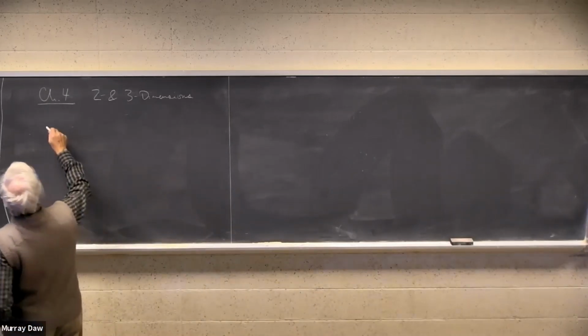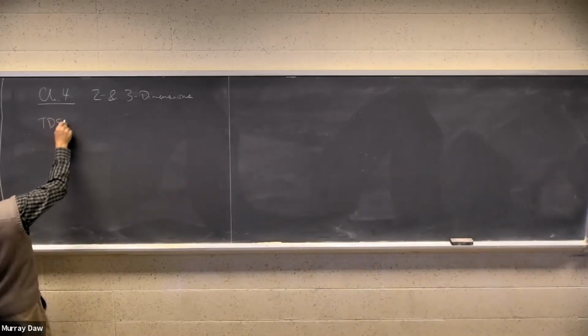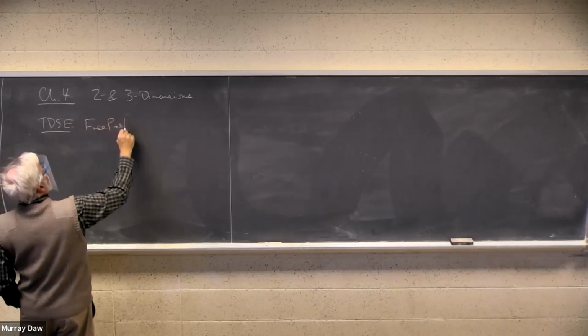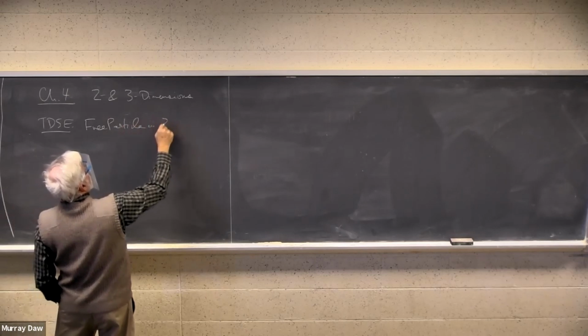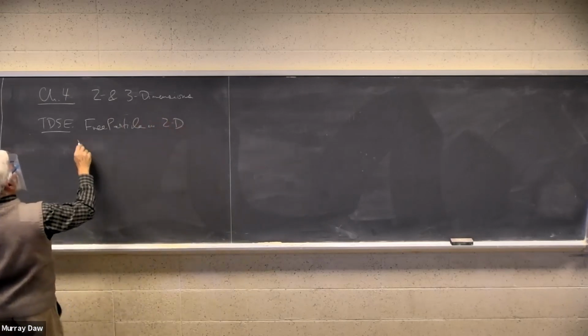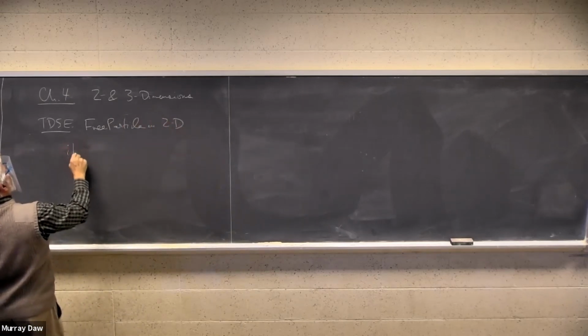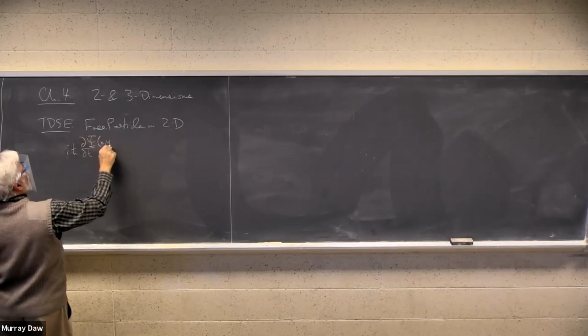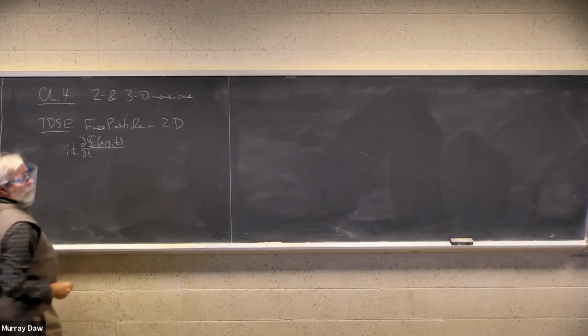Okay, so we begin with the time-dependent Schrodinger equation. Let's start for a free particle in 2 dimensions. Okay, so let's use Cartesian coordinates.